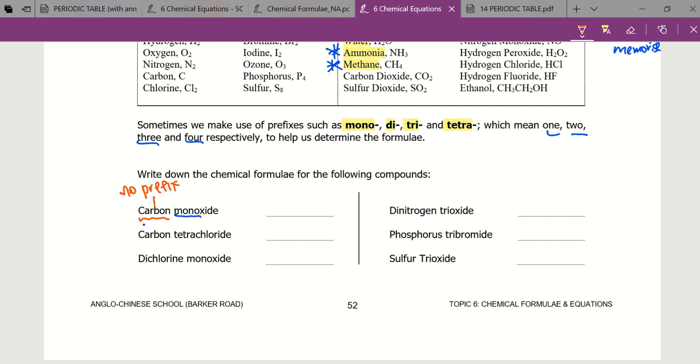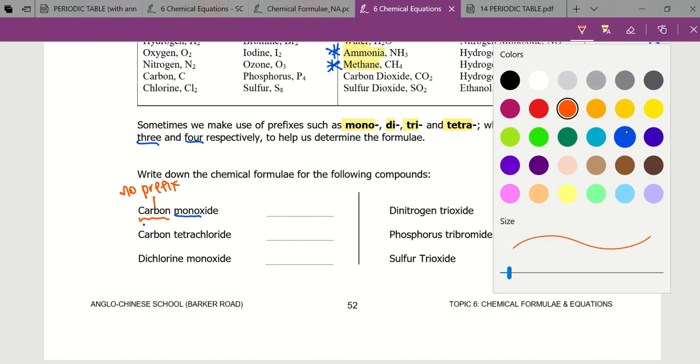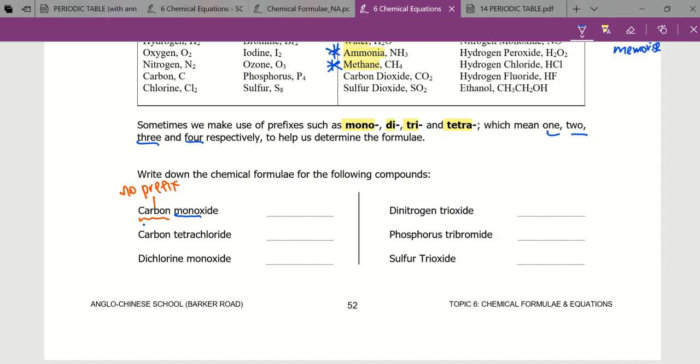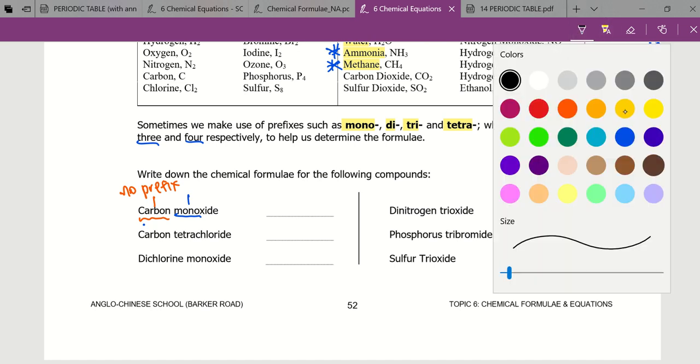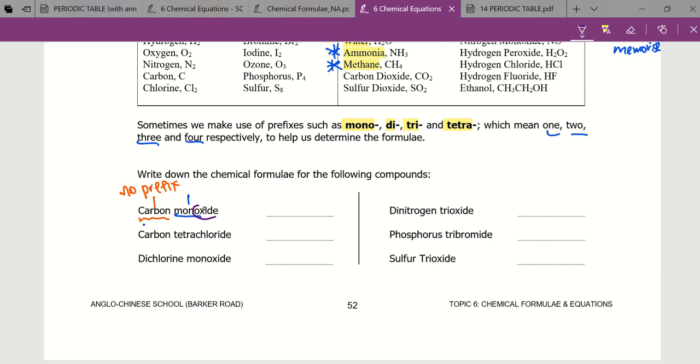Then for the second one, monoxide, mono means one, and the word oxide is representing oxygen. Hence, what is our chemical formula? Our formula will be CO. Just CO.